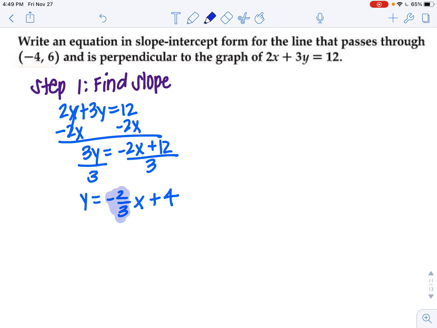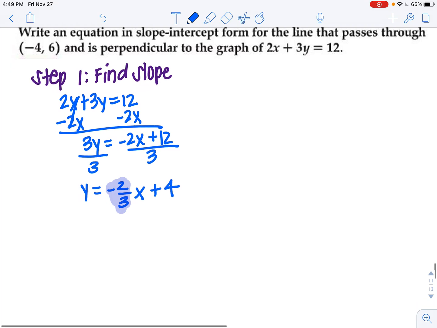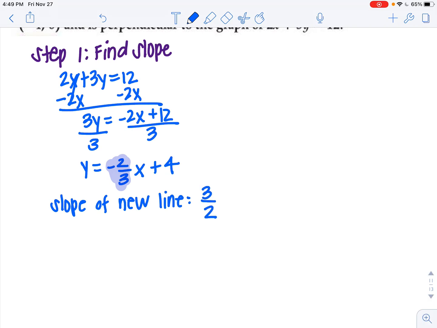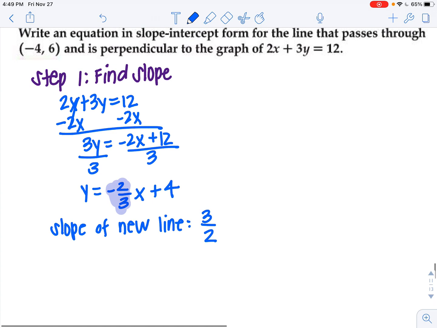So now you know that your slope is negative 2/3 of the original line. So the slope of the perpendicular line, the slope of the new line, is the opposite reciprocal. So we're going to have negative to positive, and the reciprocal is 3/2. So now you have your m, and you have an x1 and a y1.